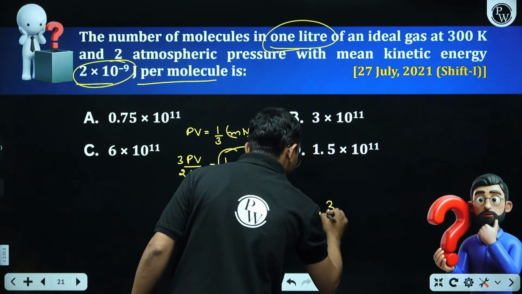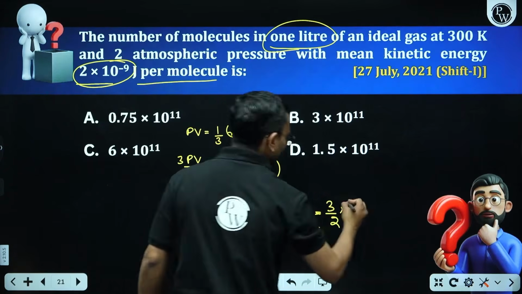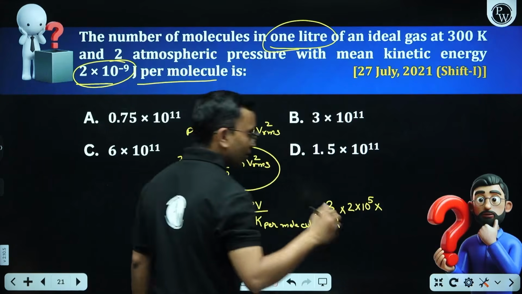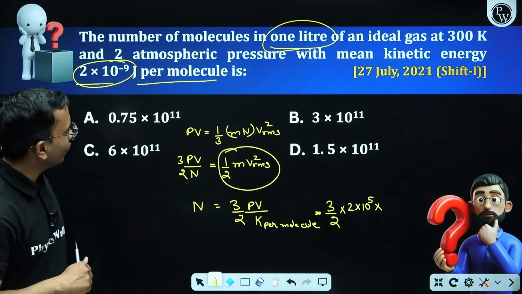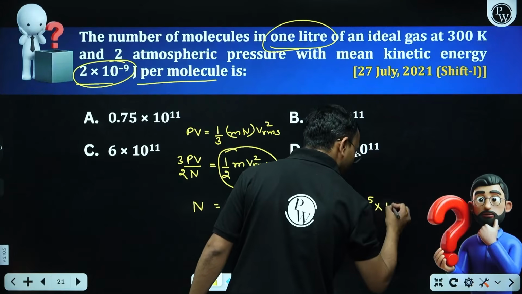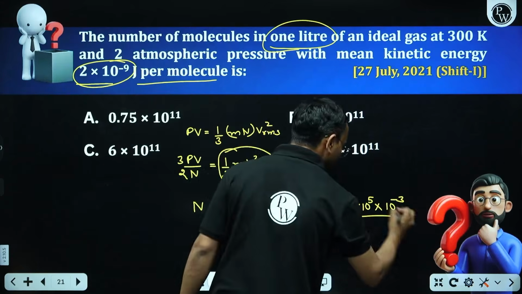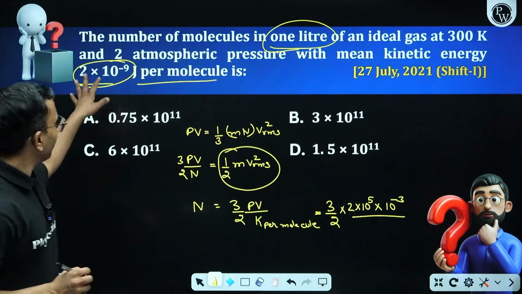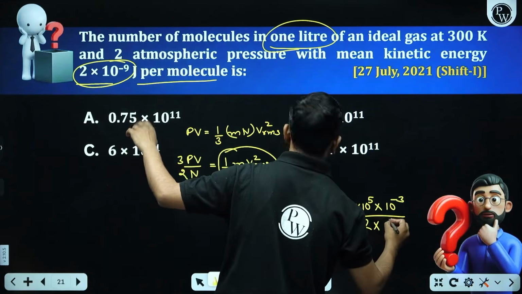So 3 by 2 into the pressure. What is the pressure? 2 atm. So I can nearly write 2 into 10 to the power 5, into volume. Volume is 1 liter. 1 liter is 10 to the power minus 3 meter cube. So 10 to the power minus 3, divided by the kinetic energy per molecule, that is 2 into 10 to the power minus 9.